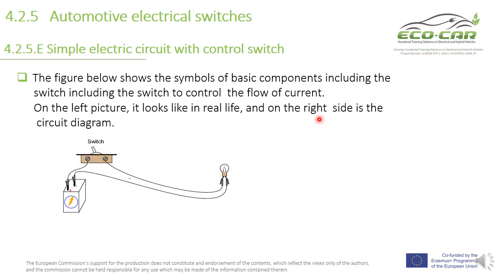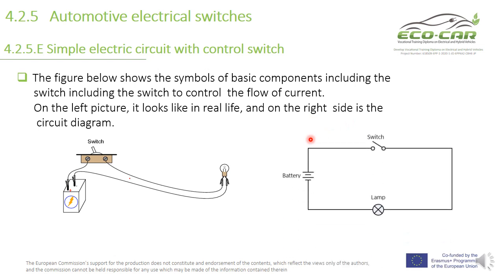On the right side is the circuit diagram of this picture. We have here a battery, like this battery. We have here a switch. This is a switch. We have here a lamp. This is the lamp. So the switch here in this case is open, normally open.